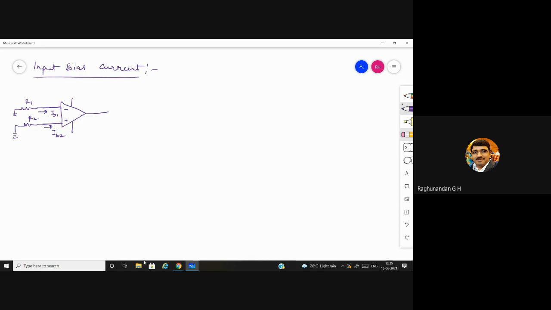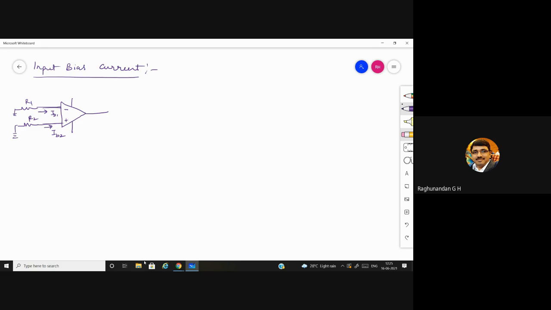But practically, these two transistors, whatever we have used here, might slightly differ. There might be some small change. One might offer more resistance, one might offer slightly less resistance. Because of that, the currents IB1 and IB2 will differ.